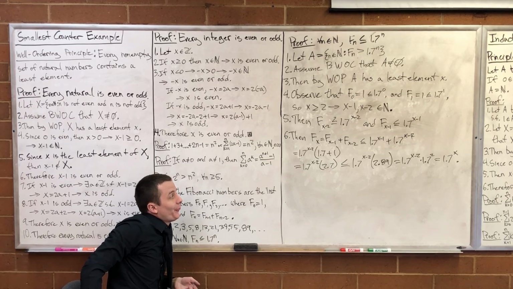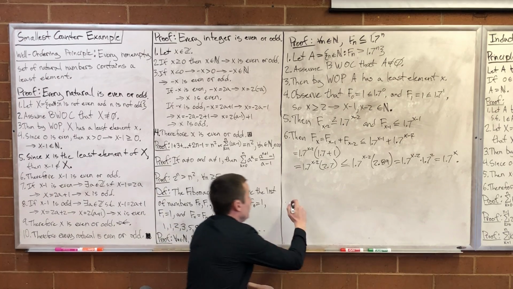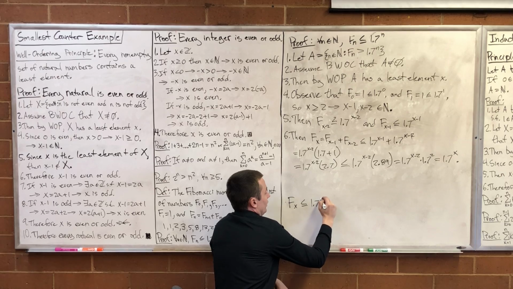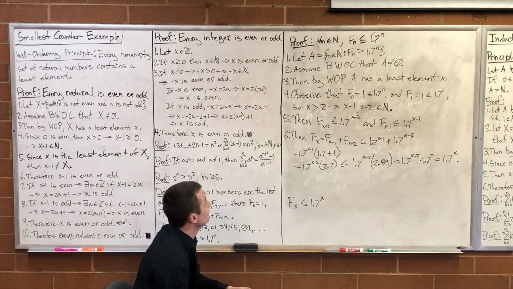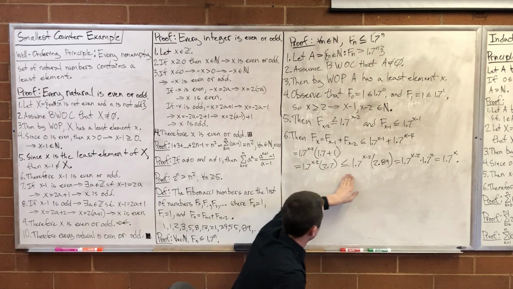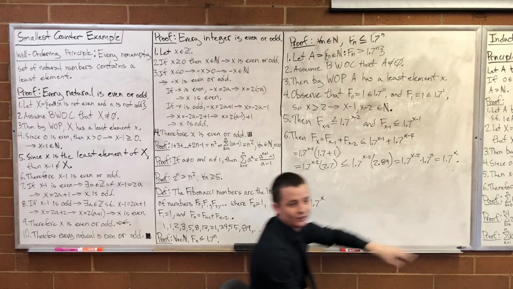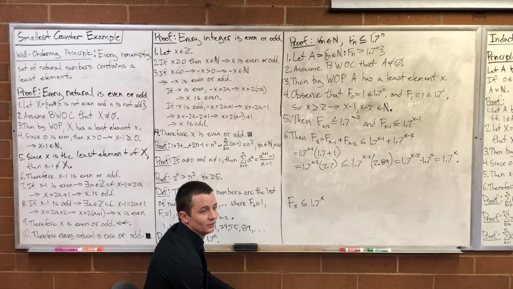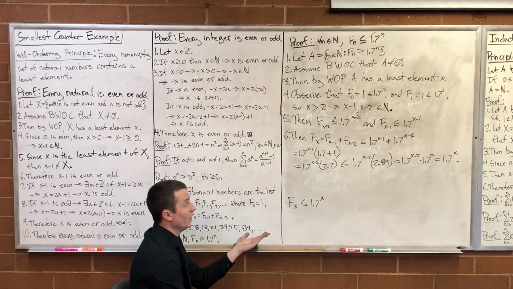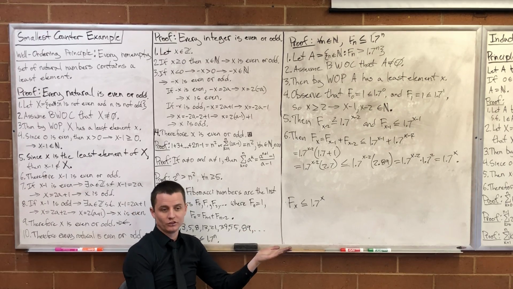So you're just simply trying to make it so that the inequality would be true. I'm simply trying to show that f of x is less than or equal to 1.7 to the x. Right? Okay. Therefore, there is no contradiction, therefore the statement's true.